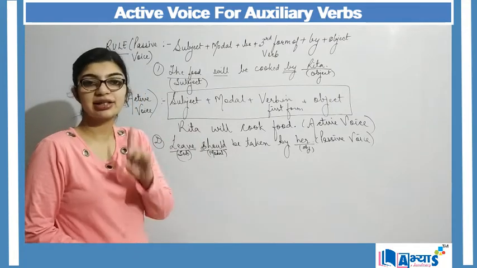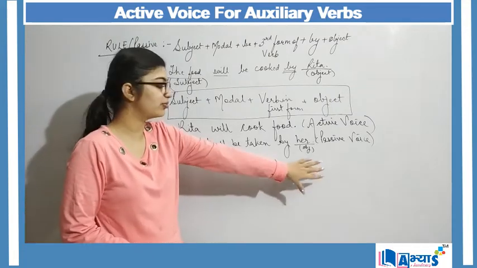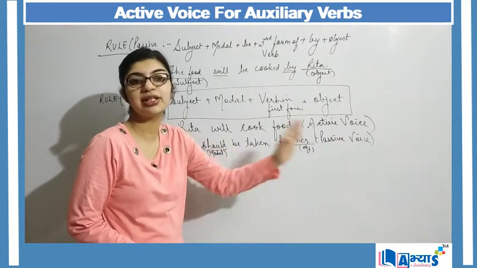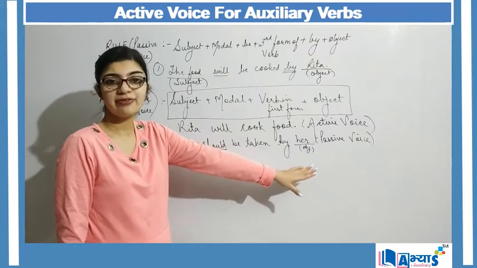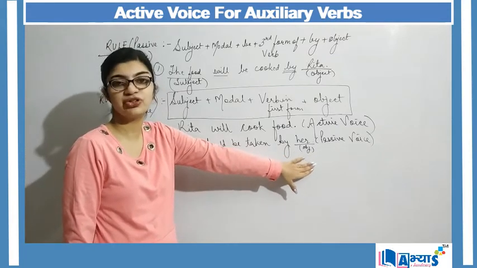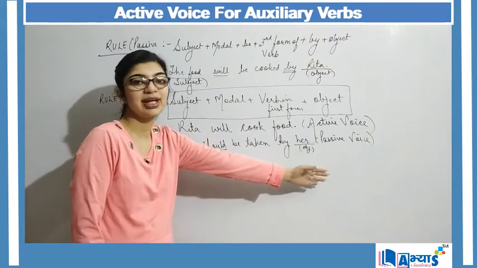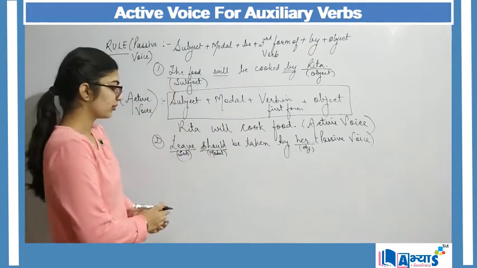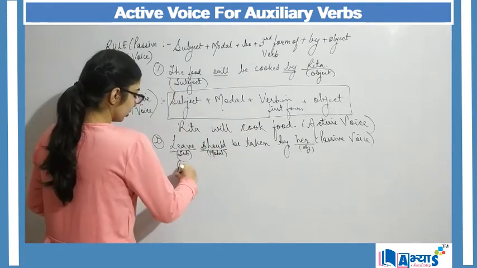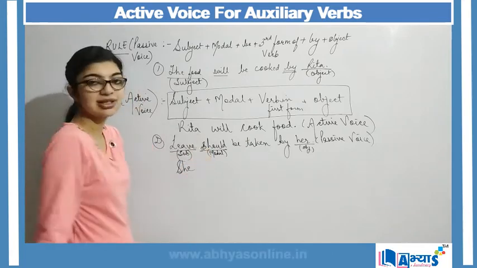For that, the first rule is that the object of the passive voice will be the subject for active. If her is the object in one voice, it will change to she. She will now be my subject.